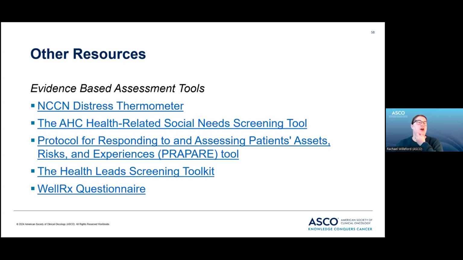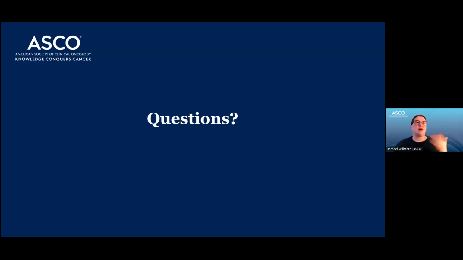We also have included information on the health-based assessment tools. While there are links to this, you can also search these on the web. Finally, if there are any questions, they can be posed to ASCO staff.